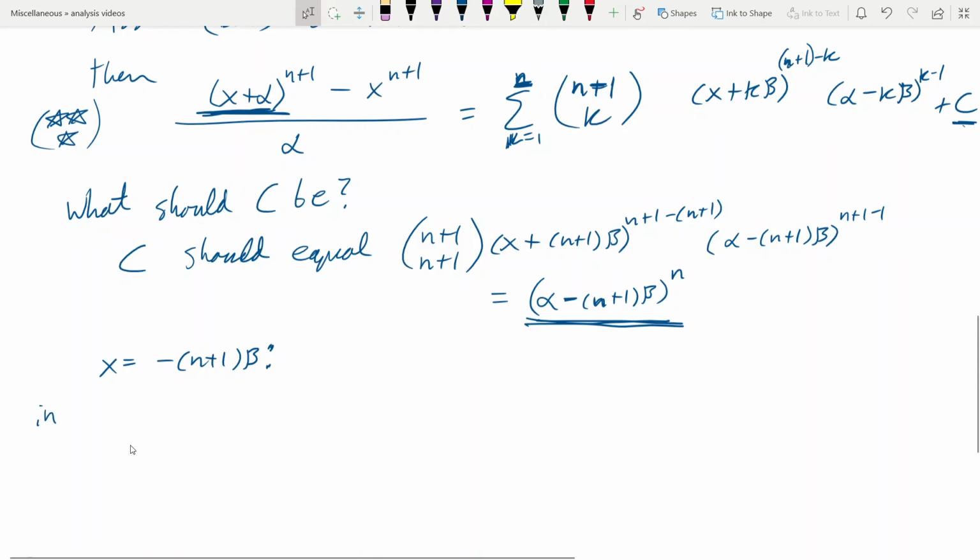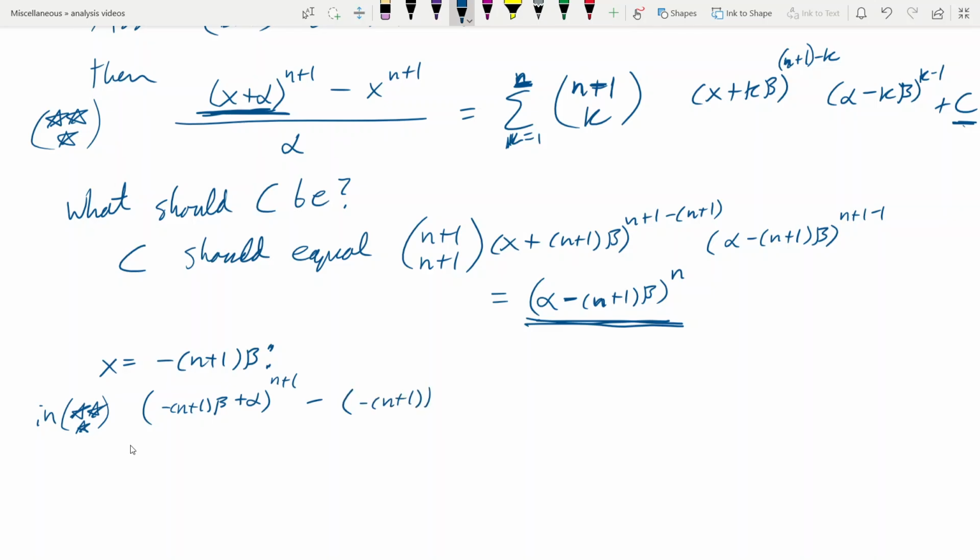Okay, so in the triple star, let's see what happens. So we have negative n plus 1 beta plus alpha, all to the n plus 1, minus negative n plus 1 beta, all to the n plus 1, all divided by alpha. This negative sign, I'm going to pull it out.